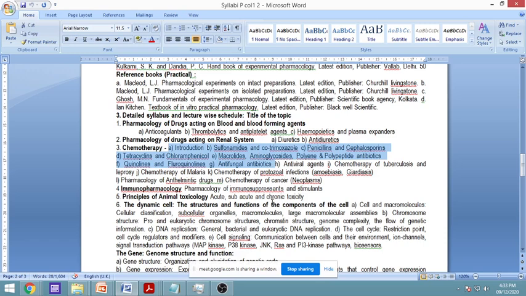Apart from that, we have added the newer ones like streptogramins, linezolid, etc. There are many newer ones we have put in because they are all important antibiotics. Then after that we'll go for various drugs which have typical situations. Examples are antiviral agents, chemotherapy of tuberculosis, as I told you, and leprosy. We'll go first for tuberculosis and leprosy.